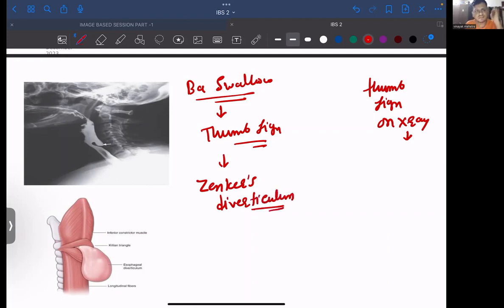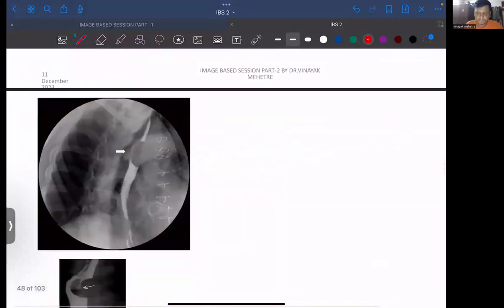And if you are seeing thumb sign on X-ray, that means it is acute epiglottitis. Okay, Zenker's diverticulum क्या होता है? We will study in ENT. So अभी skip कर रहा हूं मैं.